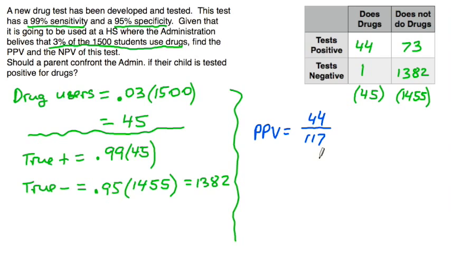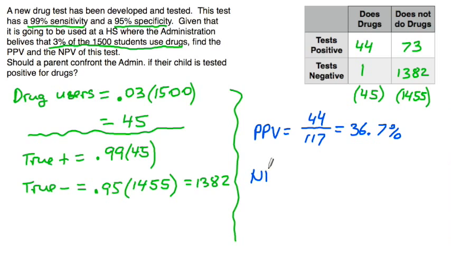So 44 divided by 117 is 37.6% of the time. This test, used on this population, is going to test positive 36.7% of the time accuracy. So if your child is tested positive for drug use, according to this test, because the prevalence is so low, this is starting to sound more like they probably don't, because it only catches it true 36.7% of the time.